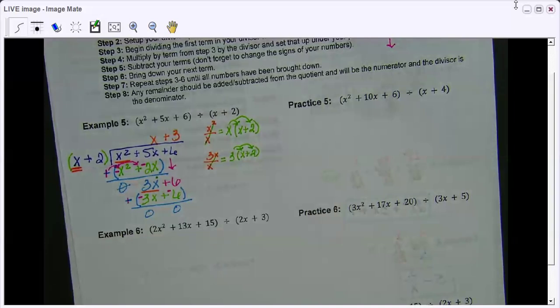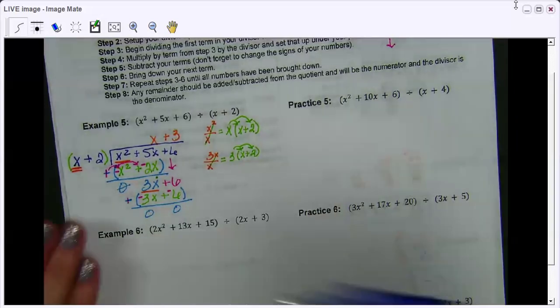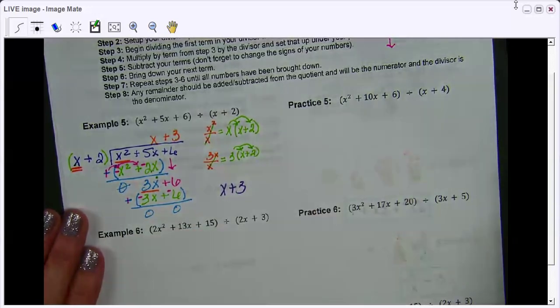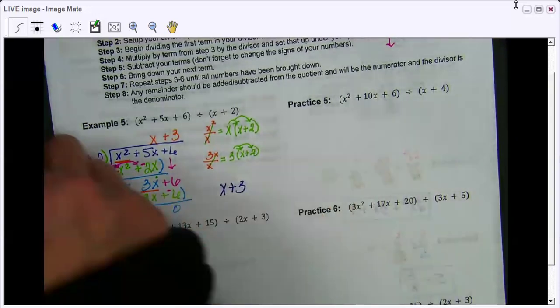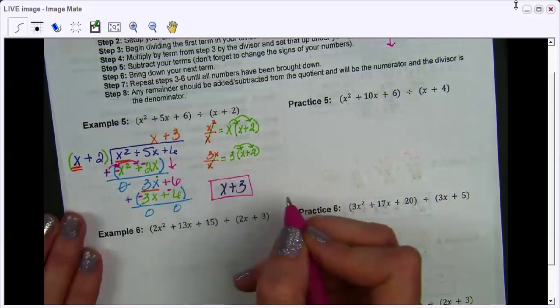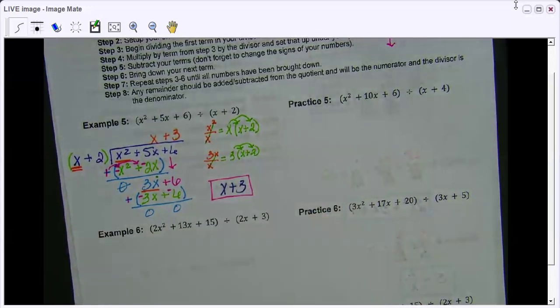So in this case, I do not have a remainder, and my answer is x plus 3. That is my final answer. There's just a lot of steps, but the more we do these, the faster we're going to go.